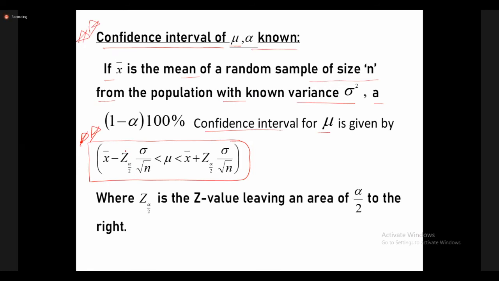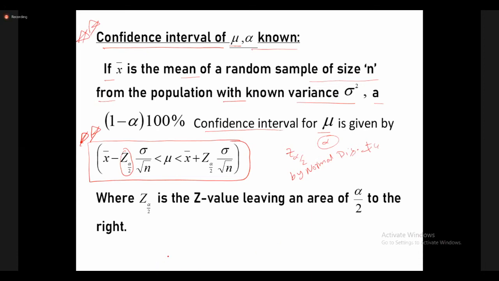That's how we'll get this. z alpha by 2 is the normal variate value that we can get from the normal distribution table, depending on the alpha value. Z alpha, minus or plus, you can get that value depending on alpha from the normal distribution table. Otherwise we'll provide the table values.